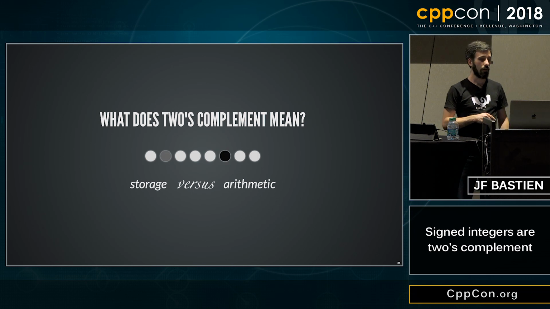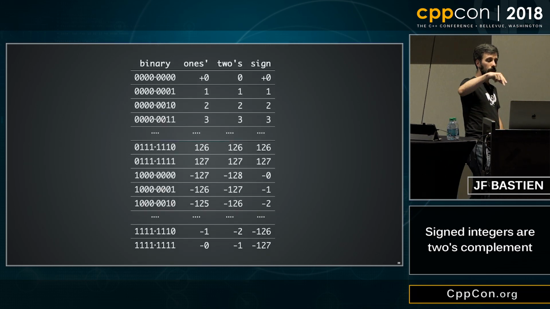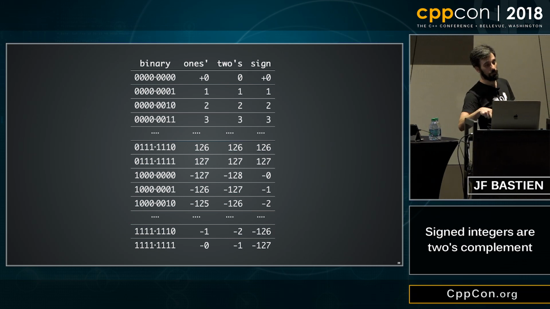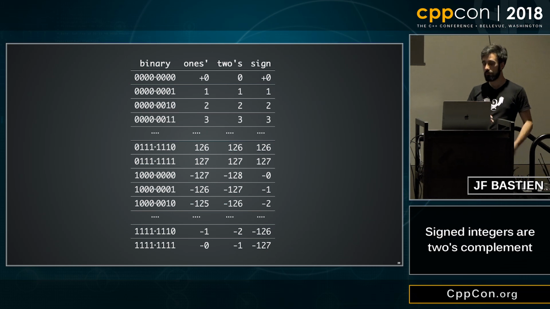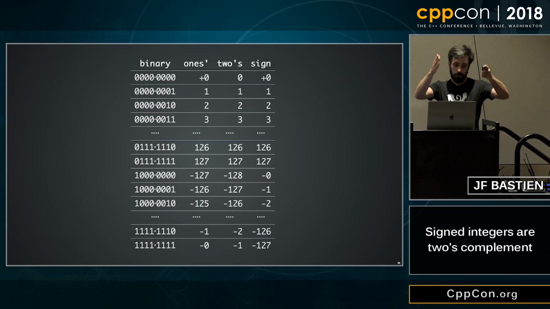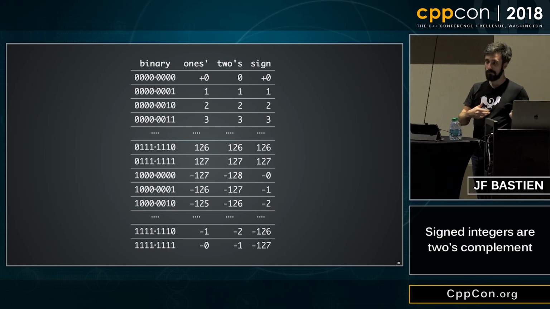What I mean by that is if you look at a table of the binary values, this is what it means in one's complement, two's complement, and sign magnitude. Here I'm ignoring endianness and I'm ignoring bit width, right? So I just have an 8-bit number. And if you look at the binary, you interpret it in one's, two's, or sign magnitude, this is what they mean.